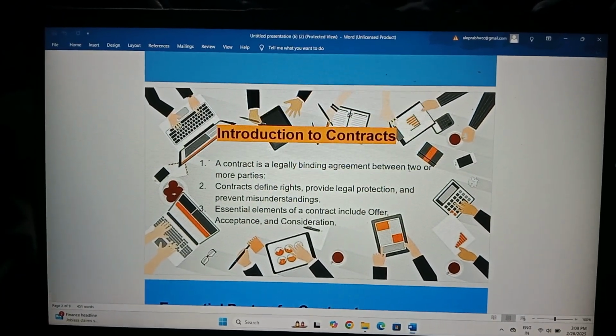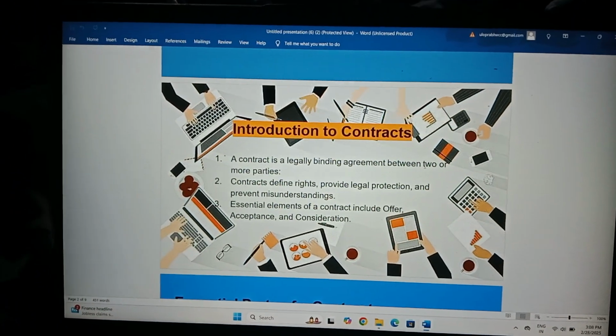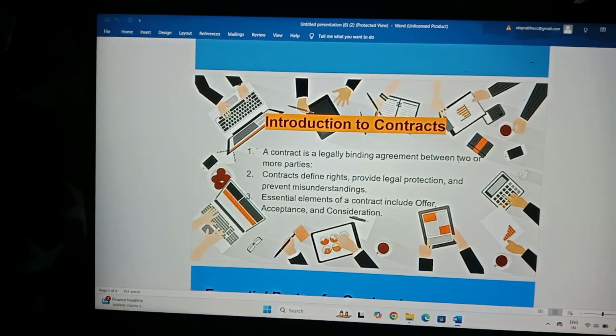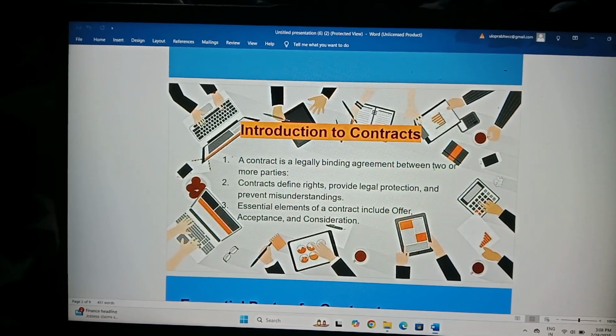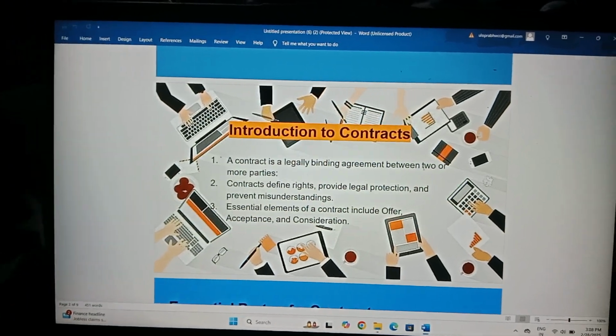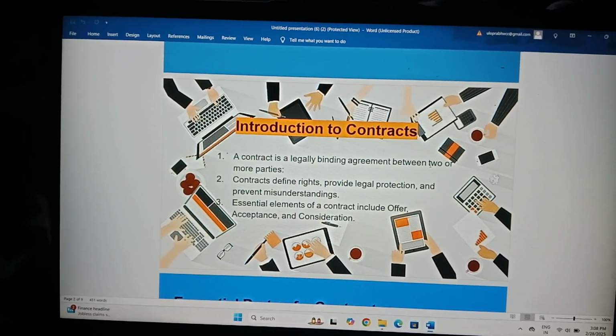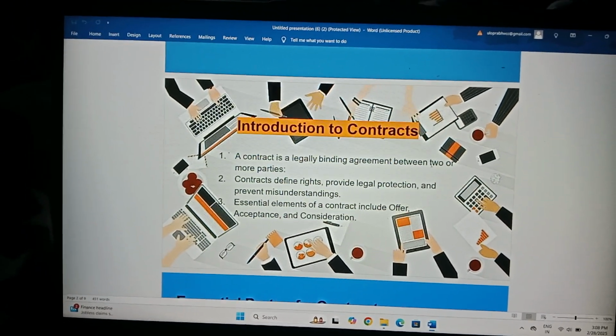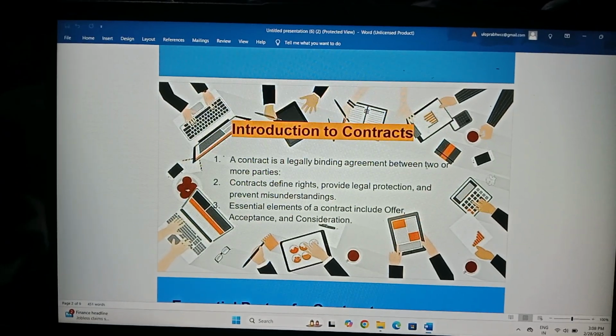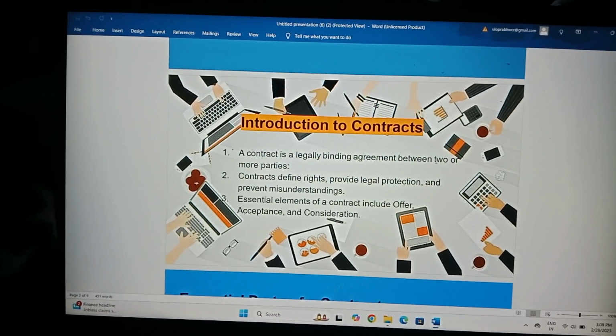So, this slide is about the definition of a contract. A contract is a legally binding agreement between two or more parties, like it's a promise. Contract means a promise that is legally enforceable under the law.